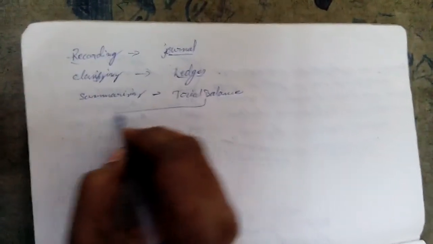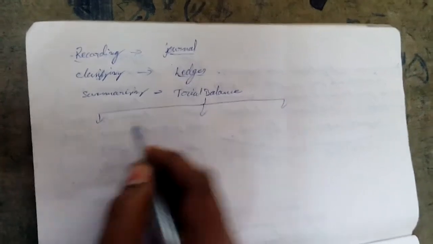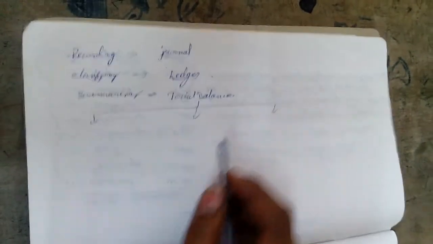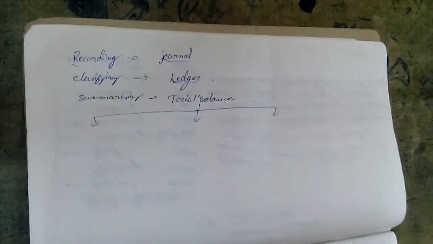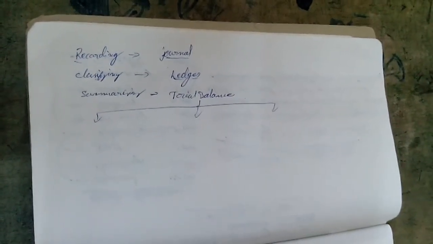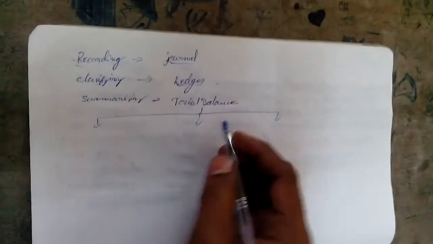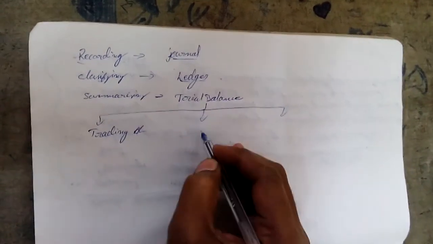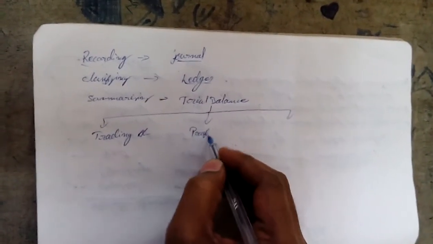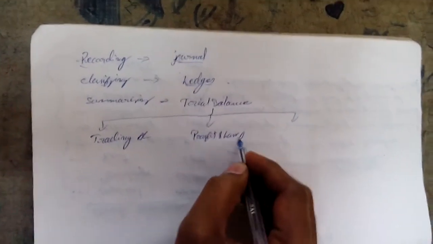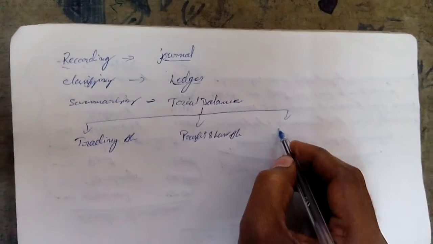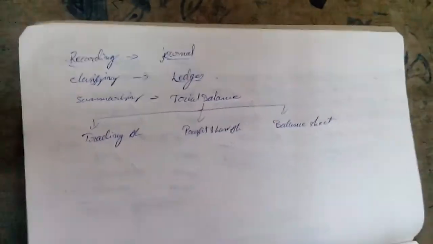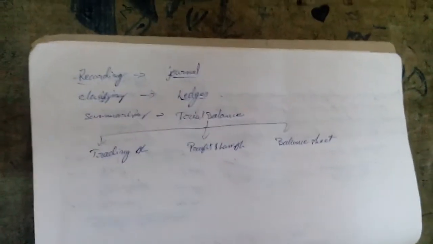From this trial balance we have to prepare the basic statements: first of all, the trading account; second, the profit and loss account; third, the balance sheet. This is summarizing.